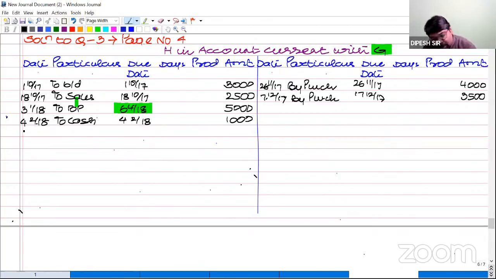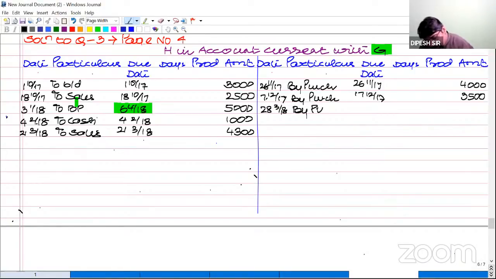Goods sold by G, 21st of March, 21st March 18, to sales, 21st March 18. How much is it? Goods sold by H, that is by purchases, 28 March 18, by purchases.